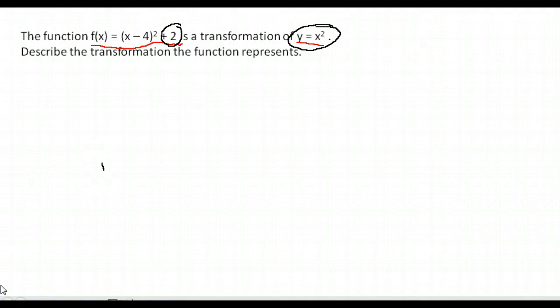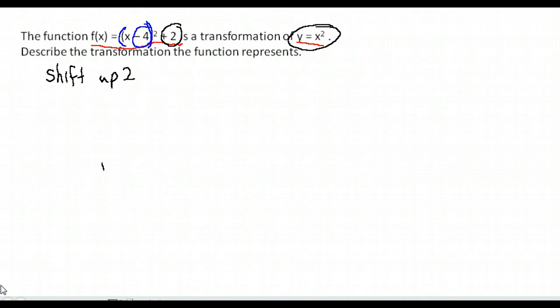Now we learned that that would shift the graph up 2 units because of the plus 2 outside of our parentheses or our function. The other change that has happened is this minus 4. Notice where it's located. It's located inside those parentheses, so it's within the function. Remember, anything inside of there affects left and right, and it affects the opposite of what we would think.